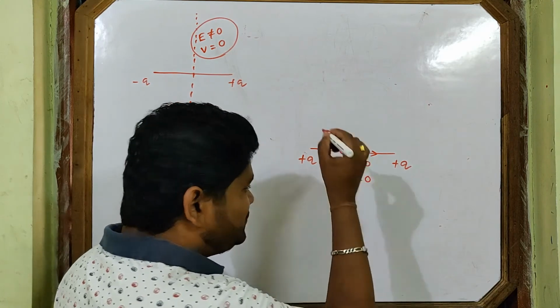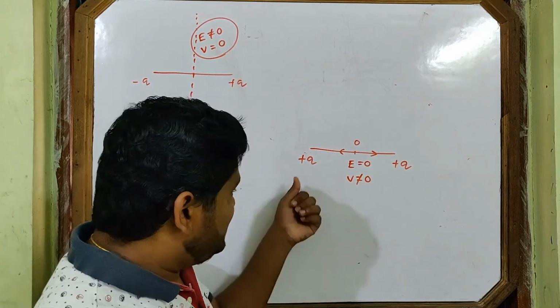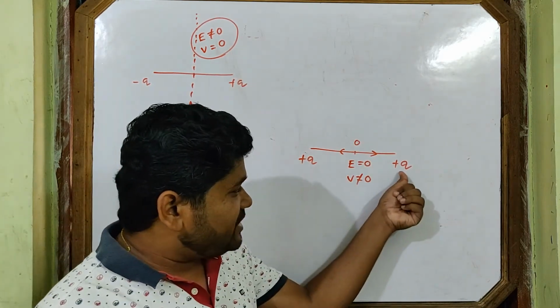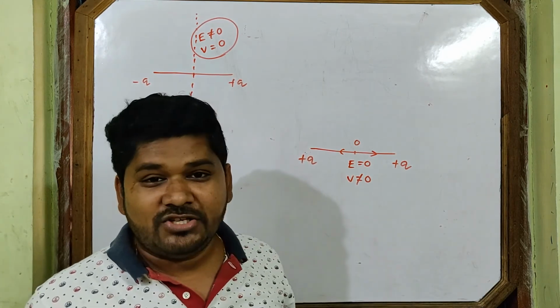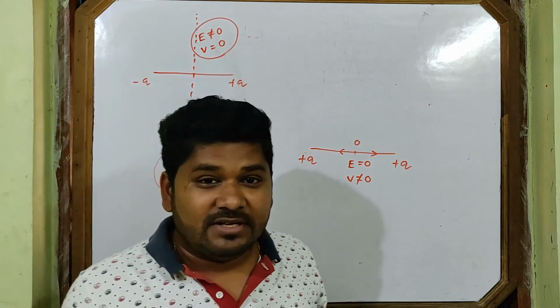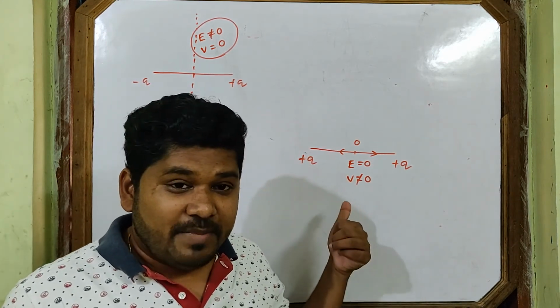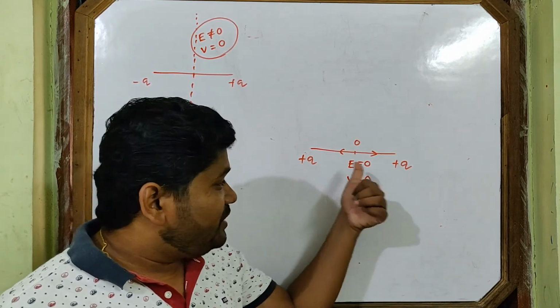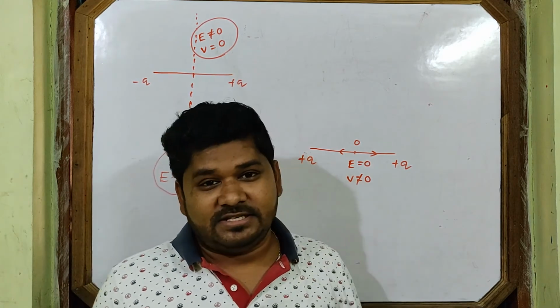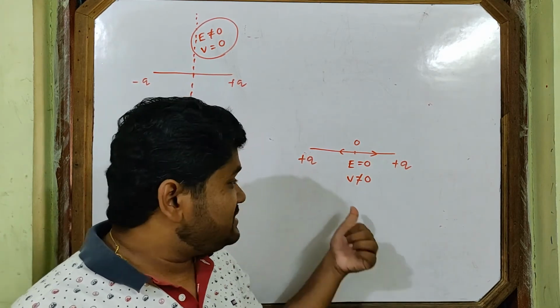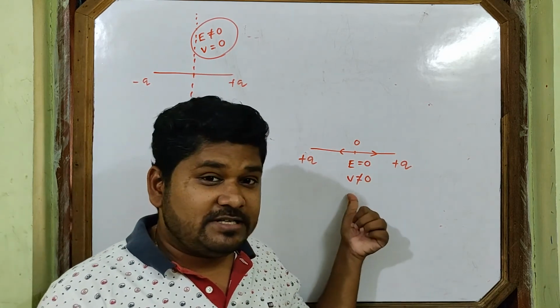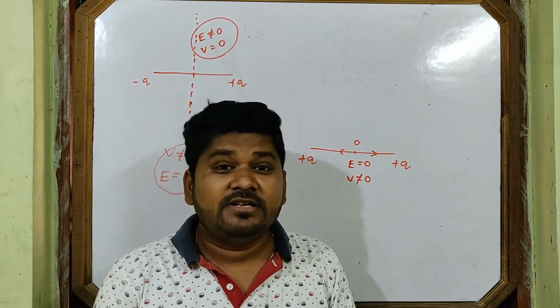Potential is non-zero. How? Because its potential is positive, its potential is positive. They get added. Here potential is non-zero. So what is the example? At the midpoint of two equal like charges, E is equal to 0, intensity 0, but potential non-zero.